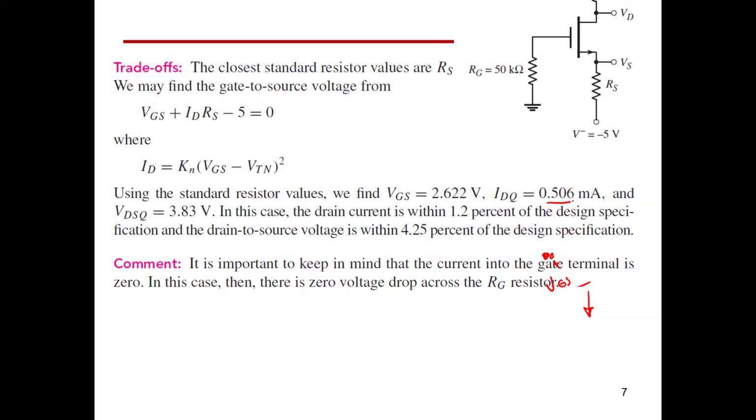ID is gonna be 0.506, and originally it was 0.5. So you have like 6 microampere error, which is very acceptable. And also VDS is 3.83 instead of 4. It's a bit little compared to what we need.